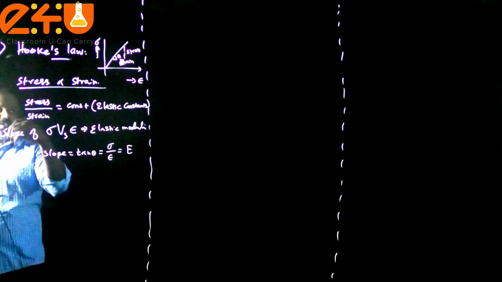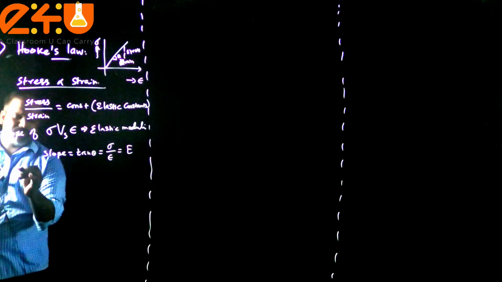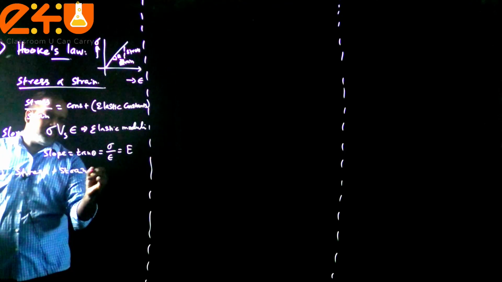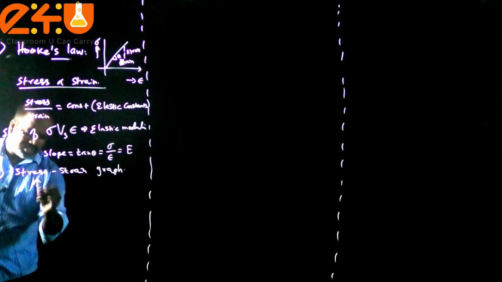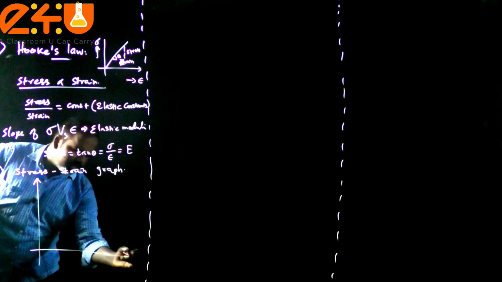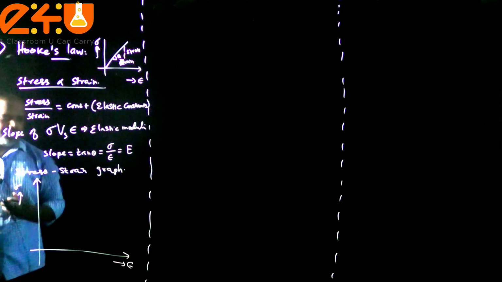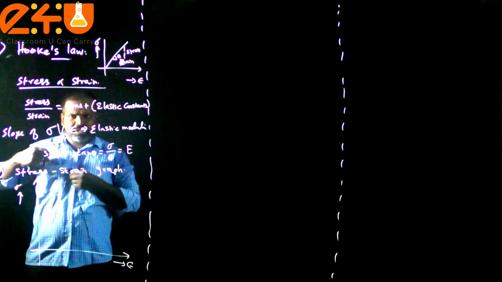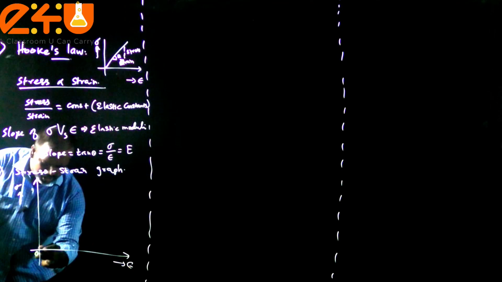Now I am going to explain another topic, the stress strain graph. To draw it, epsilon is here and this is our sigma. Let us consider this is the starting point.